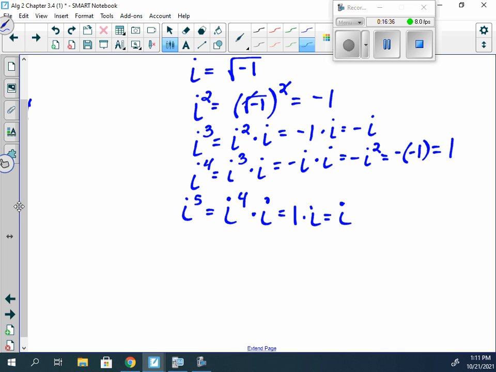Okay. Let's look at i to the 6th. Well, that's the same as i to the 4th times i squared. Because I know I broke the pattern because we were doing the one before it. But what is i to the 4th? 1, yes? So i to the 4th is 1.